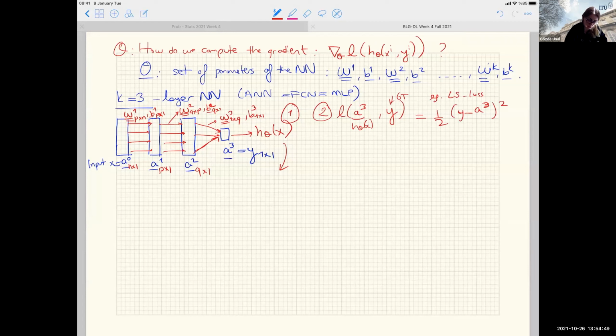Now the second component, loss, is defined. We've already said this, but the thetas that we are parameterizing against are these, right? Just to write it again for this specific network.